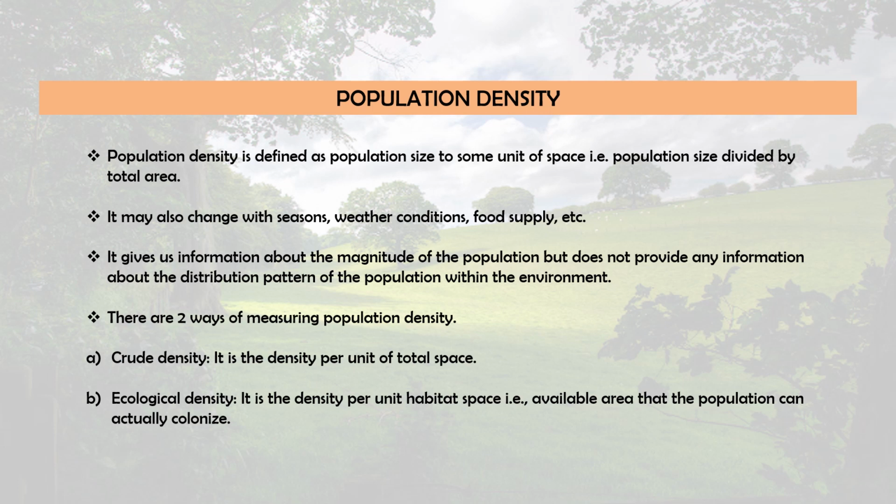From the previous example, where the total area was 100 square meters, if we take the residing area as 50 square meters and the individuals residing in it are as usual 200, the ecological density will be 200 by 50, which gives us 4. So here you can see the difference. Crude density was 2 and ecological density is 4. So it depends upon which type of space or area we are taking into consideration.